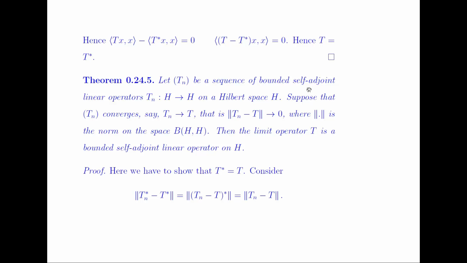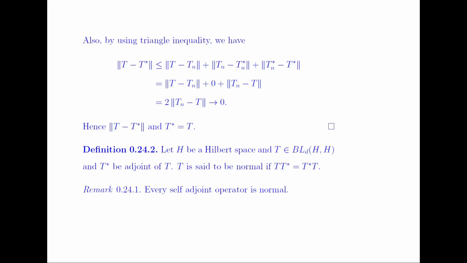So it means that Tn star is equal to Tn. So it means that this is the same: Tn star is equal to Tn, and T star is equal to T.